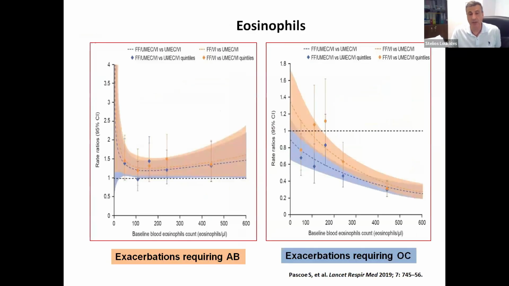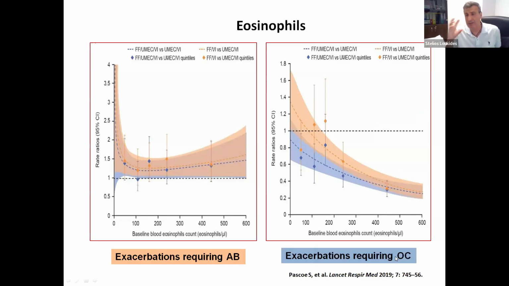So you can clearly see that the beneficial effect and the optimization from the inhaled therapy is also based on some subpopulations, like those who exacerbate and require antibiotics, and those who exacerbate and require oral corticosteroids.